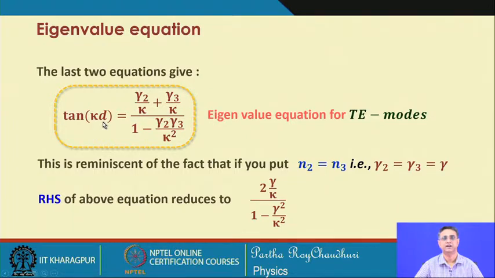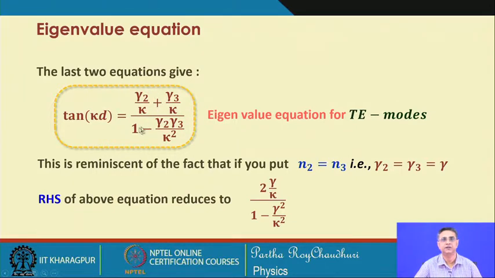So, this tan kappa d will be equal to tan of theta 1 plus theta 2. You can add one pi on either side, which will again be equivalent, and pi or multiples of pi, that is m pi, with all the possible integral values of m, will correspond to different modes, which is very easy to show.